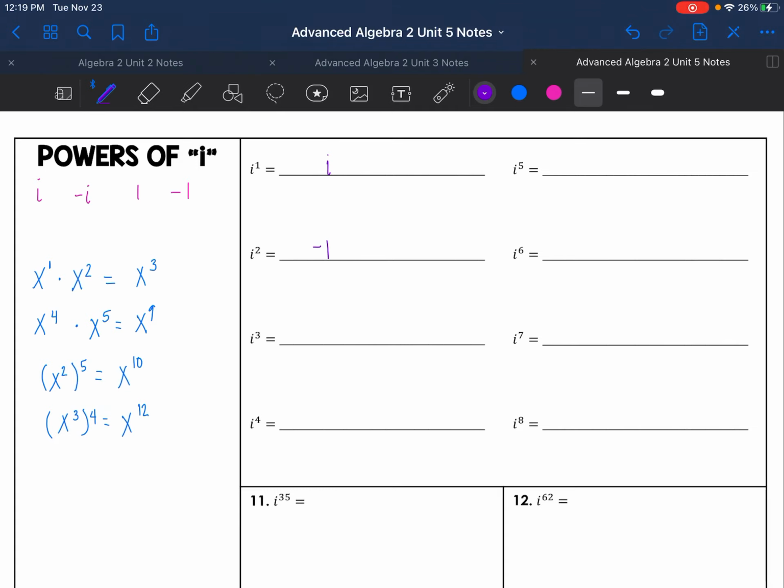Our goal with any of these types of problems where you're just simplifying i to some power is to get it down to one of these 4 options. We don't want to have any exponents left in our answer. So how can we use exponent rules to get i to the 3rd power?